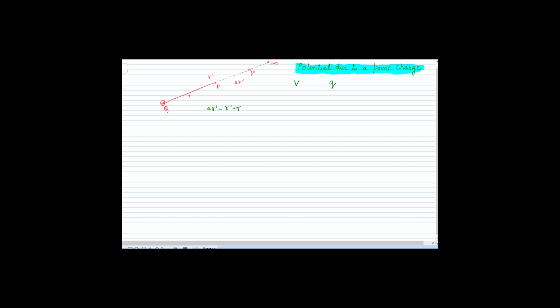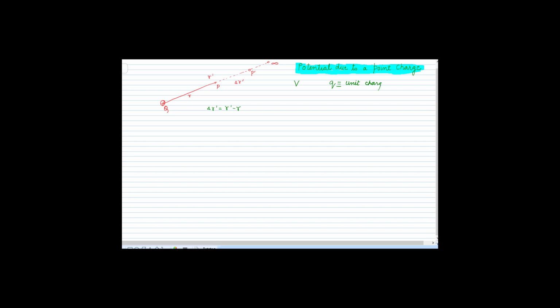If we want to bring this test charge from infinity to the point P, the point P dash is intermediate between infinity and P. If we want to determine the potential at any point P, which is at a distance of small r from Q, then this is equal to the work done in bringing a unit positive charge from infinity to point P. We have taken this charge as a unit charge.